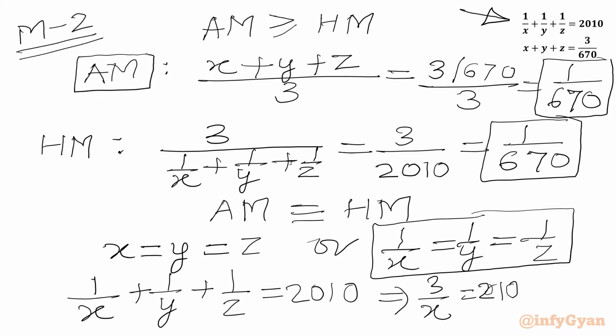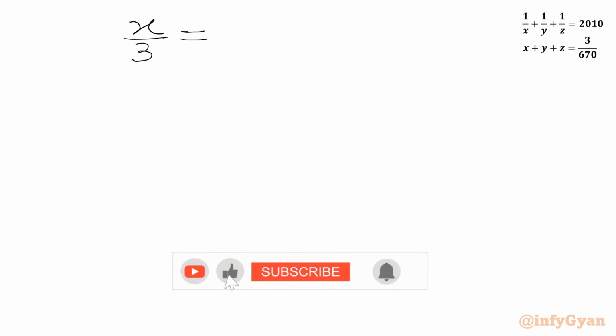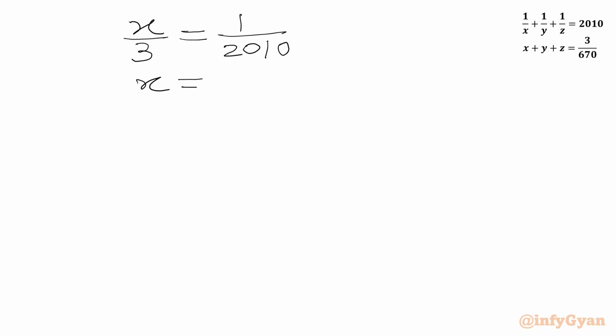So from here I can get x equal to 1 over 670.